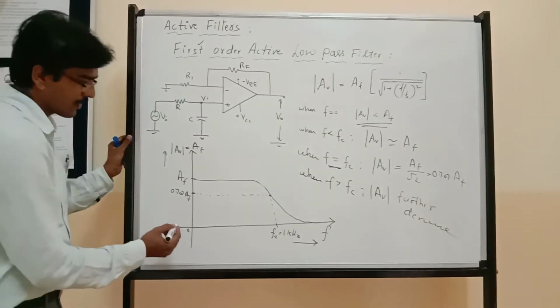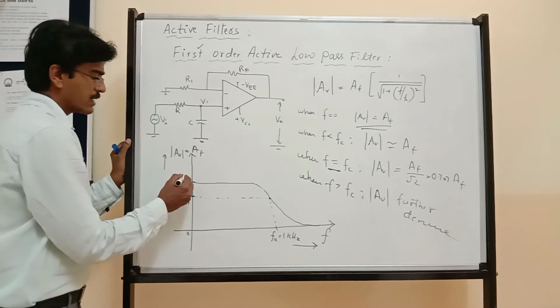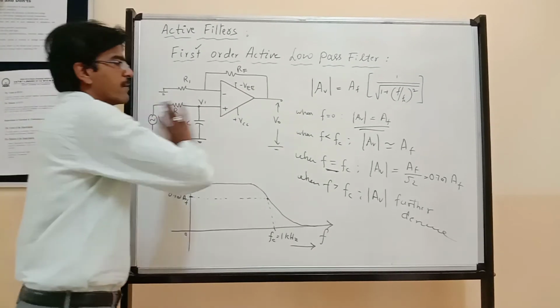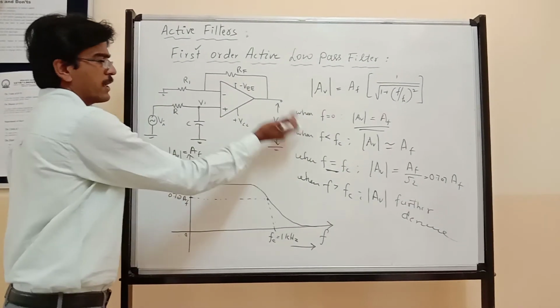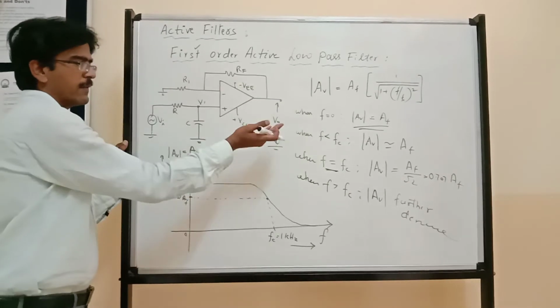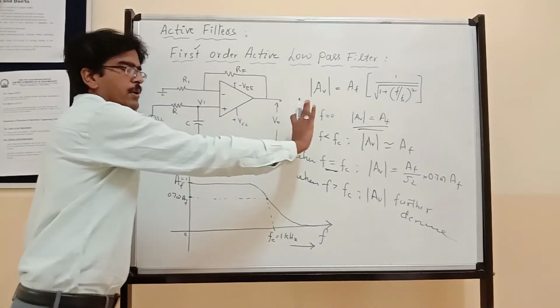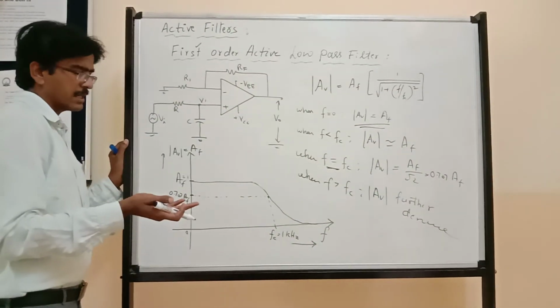What does it mean? From 0 to FC, gain is maximum. Suppose if this is 1, gain is 100%. So all the frequencies will be passed. When gain is equal to 1, output is equal to input. When output is equal to input, it means all the input signal frequencies reach the output without any attenuation.